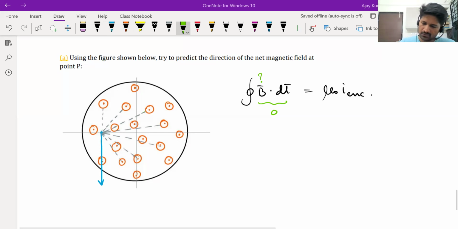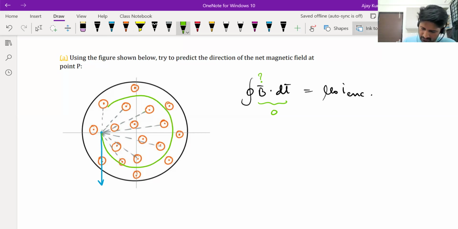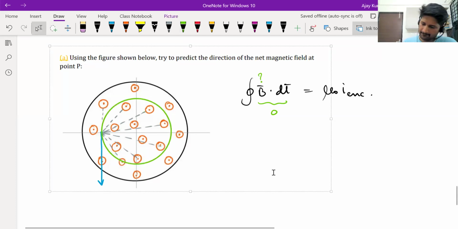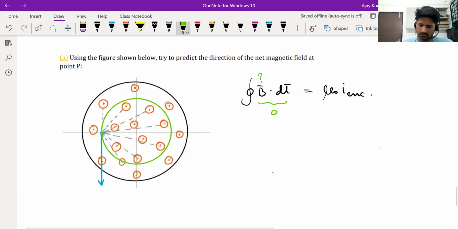Okay. So you will consider a circular path of radius x like this. So over that circle, the magnetic field at every point is in the tangential direction. Here it is like this, here it will be this way, here it will be this way.